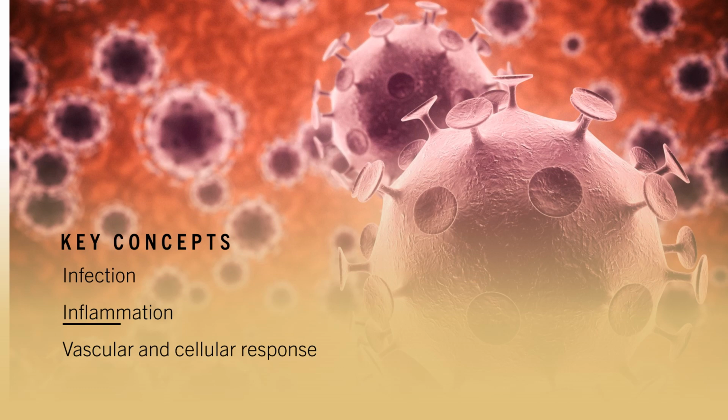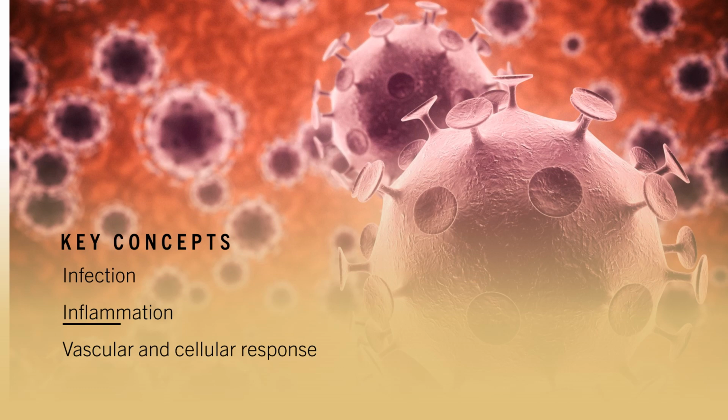So our body's delivering fluids and blood and nutrients to the infection or injury, and we're trying to kill the pathogens and repair the tissues. So in the vascular response, it starts out with vasoconstriction, and then over time we vasodilate.